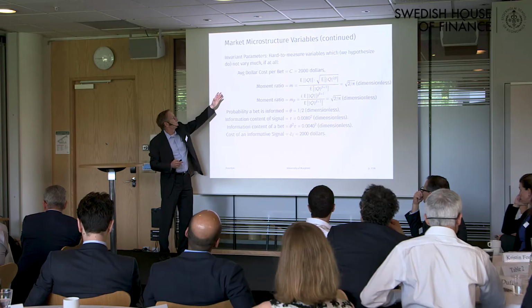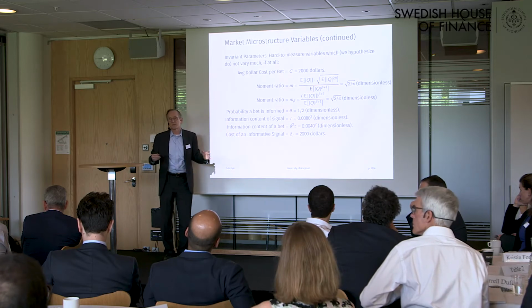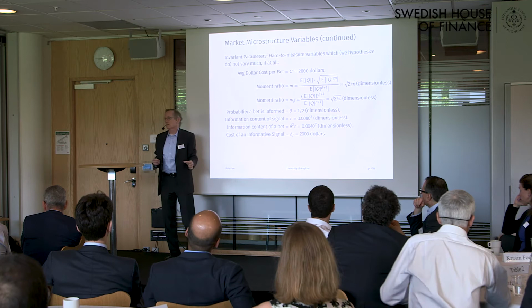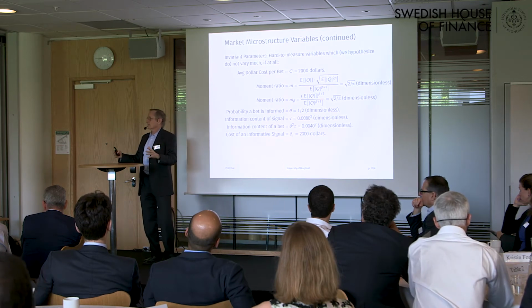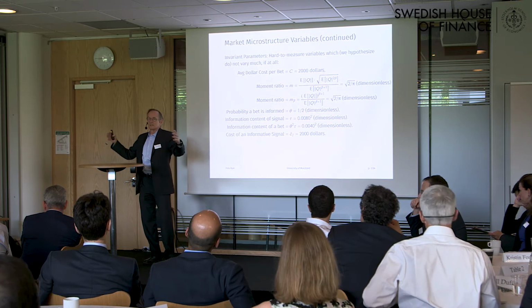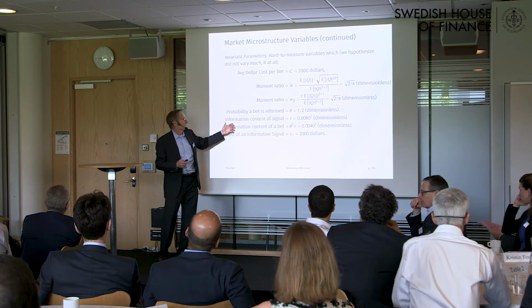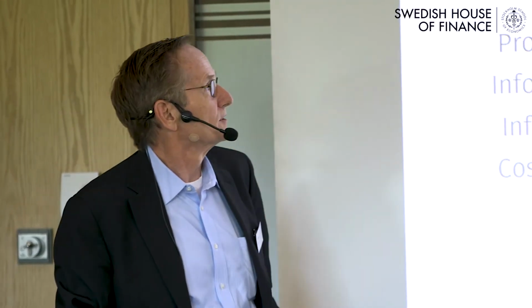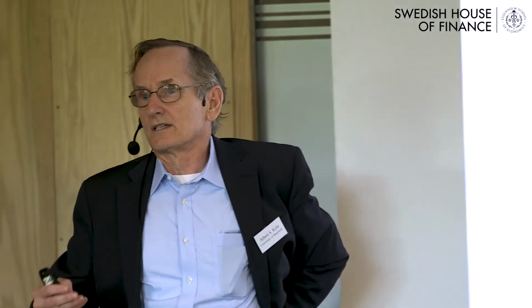And then we have some moment ratios and other parameters that we think don't vary across assets, but the key one is the C, which we think is about $2,000. And that represents, you can think of as the cost of the information or the cost of the signal that allows you to place an informed bet. And the big, bold hypothesis here is that that's constant along with some other things, but mainly it's that one that's constant.